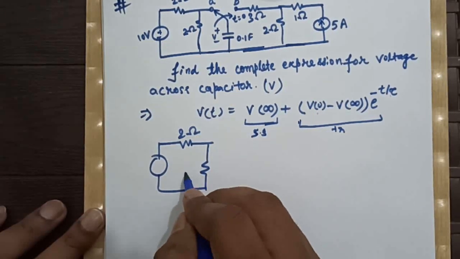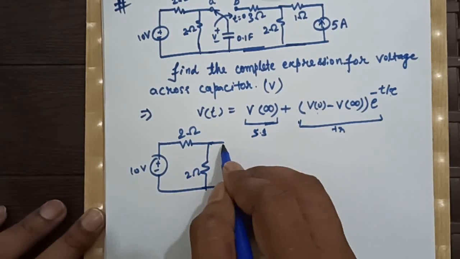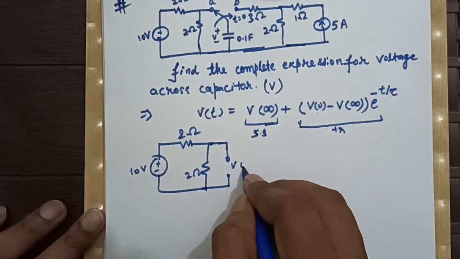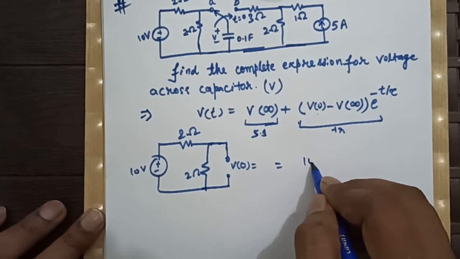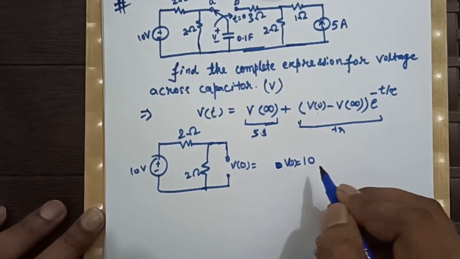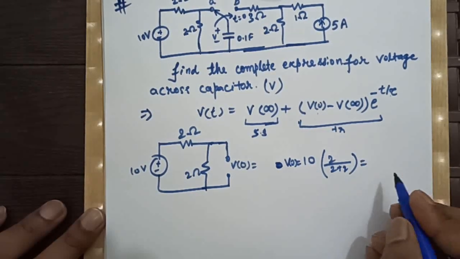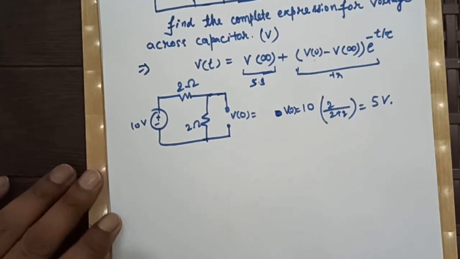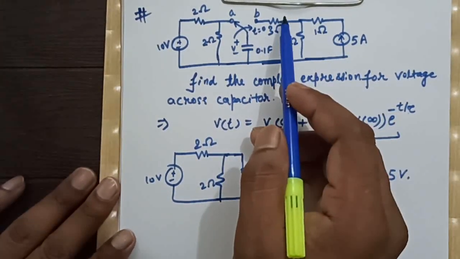This is 2 ohm, this is 2 ohm plus or minus 10 volts, and capacitor was acting like open circuit. Let us say this is V0. So what will be the value of V0? V0 will be nothing but 10 into 2 by 2 plus 2 means 5 volt.